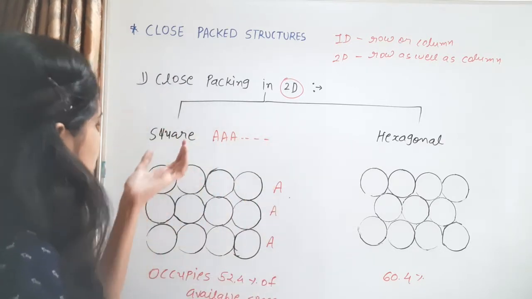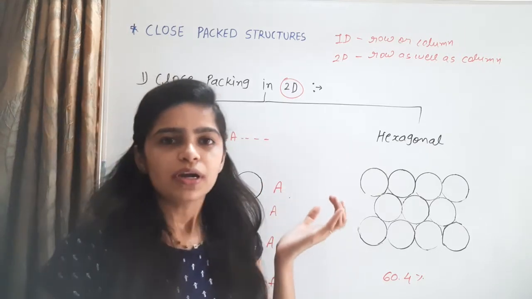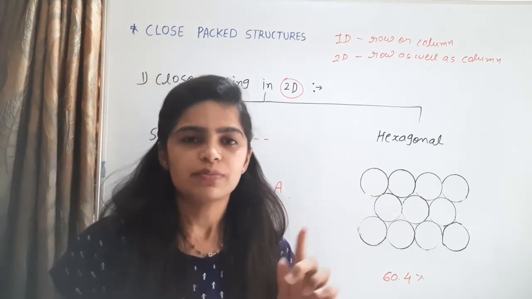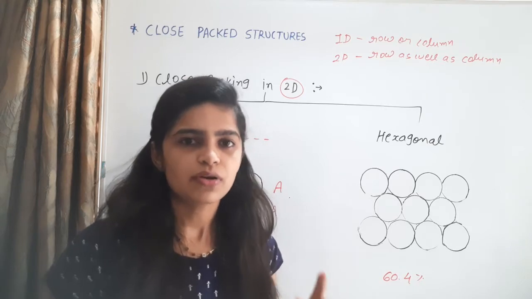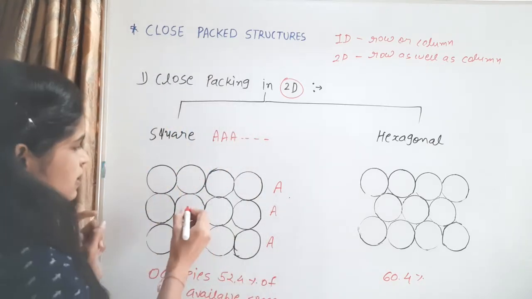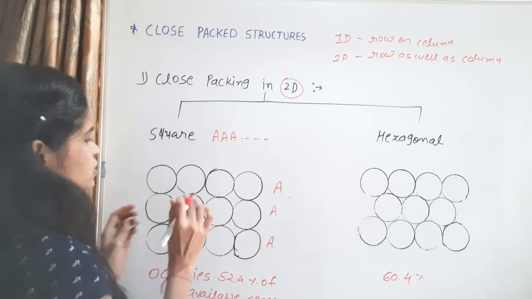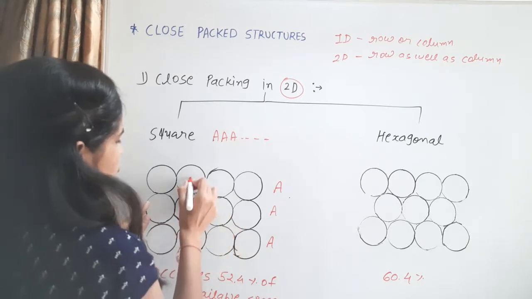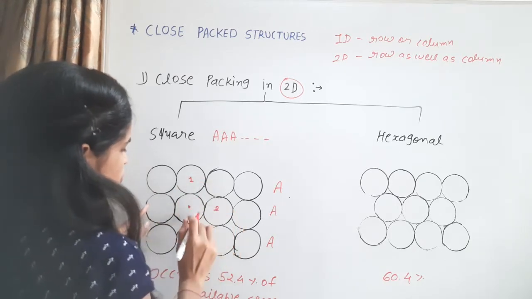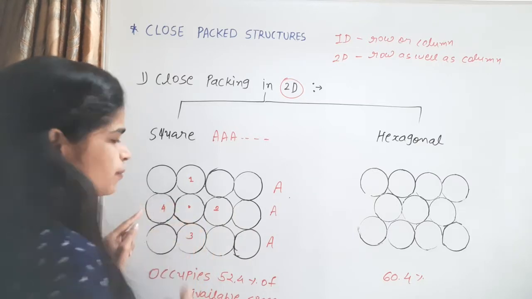Then how do we find the coordination number? The number of nearest neighbor atoms is the coordination number. For example, consider this atom. Its closest neighboring atoms are 1, 2, 3 and 4.